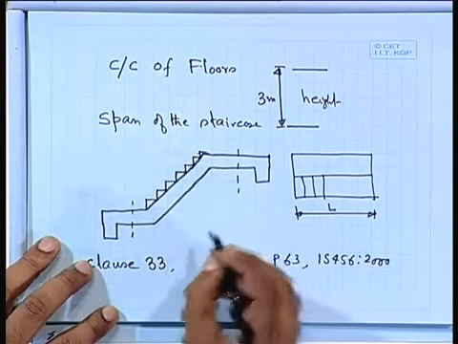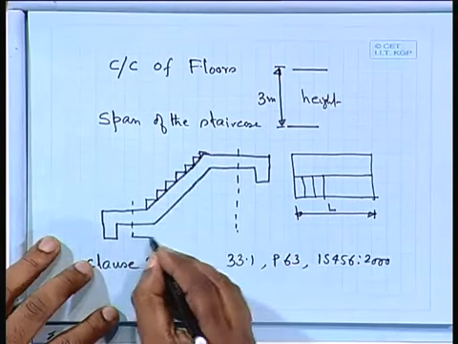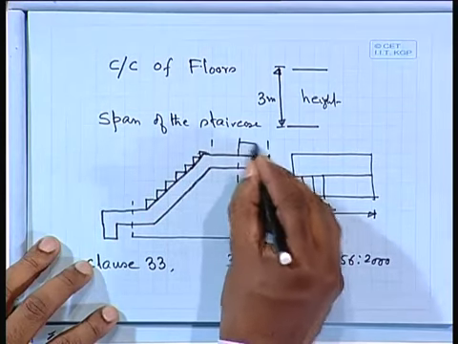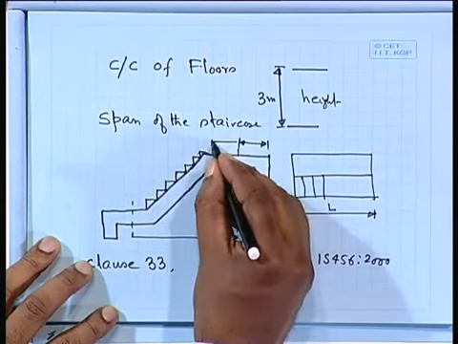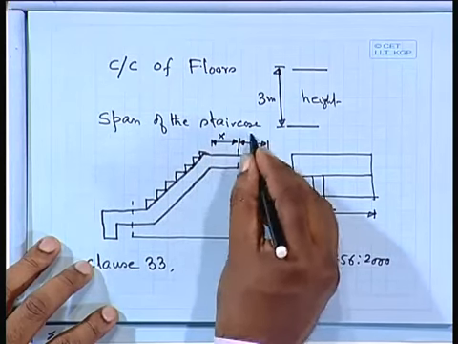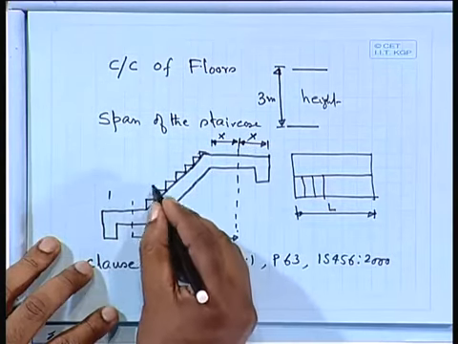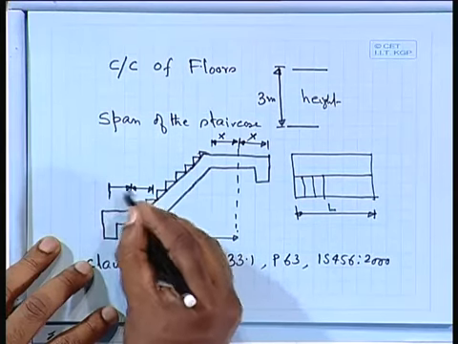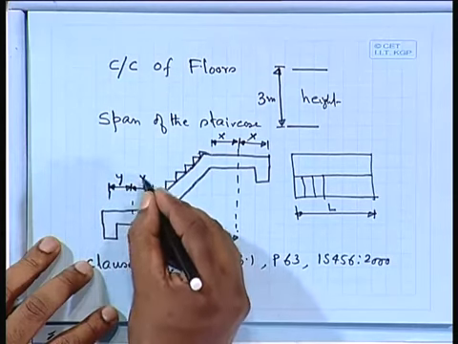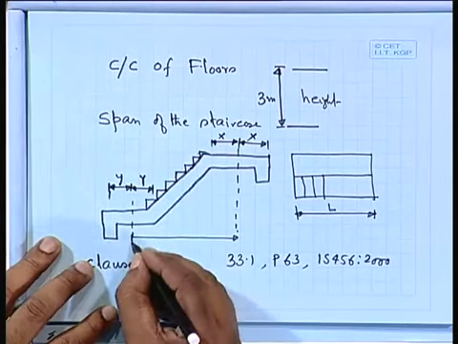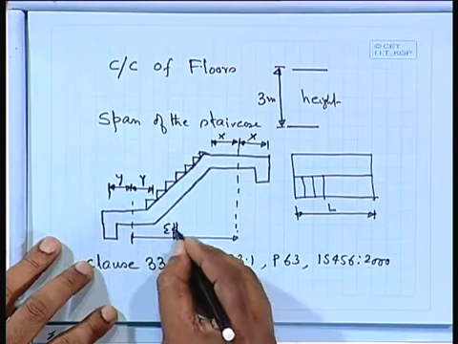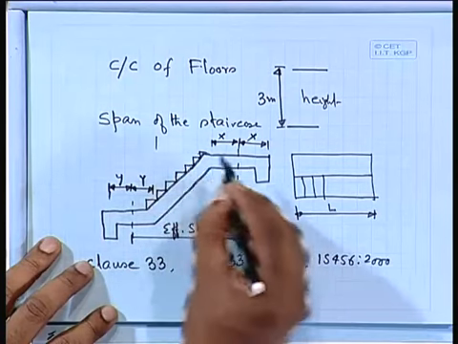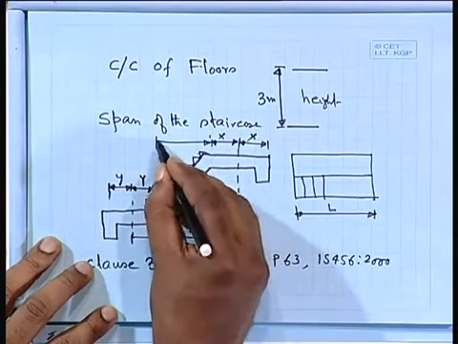For this case we take it from here, this one up to this one, say x, and this is say y. Our code says, and this is your effective span, this is a certain distance, say s.